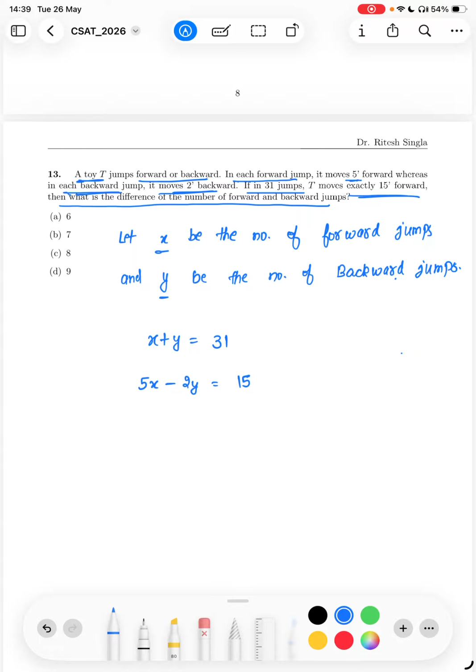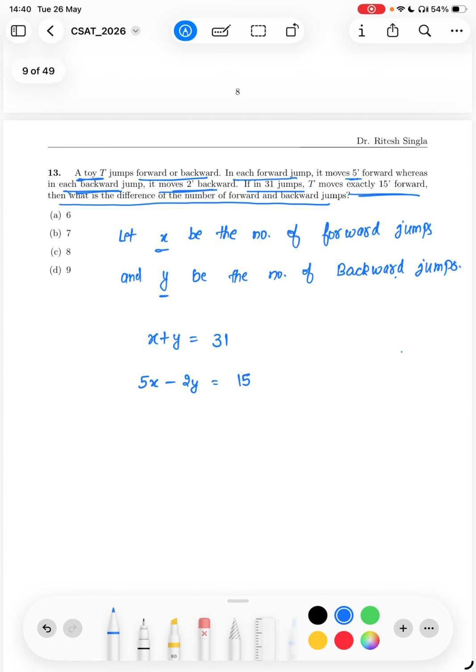So with respect to the original position, he is 3 feet forward. Similarly, in x many forward jumps and y many backward jumps, he is 15 feet forward of the initial position. So this should be the equation.